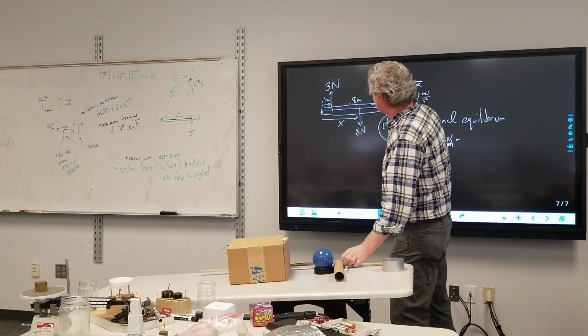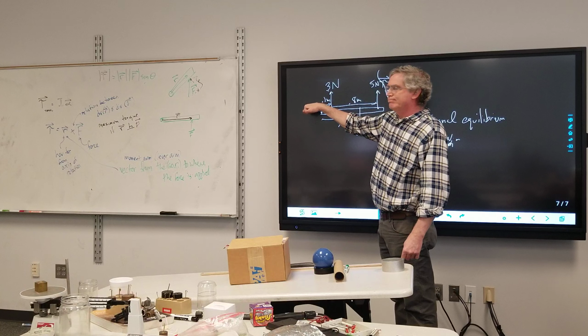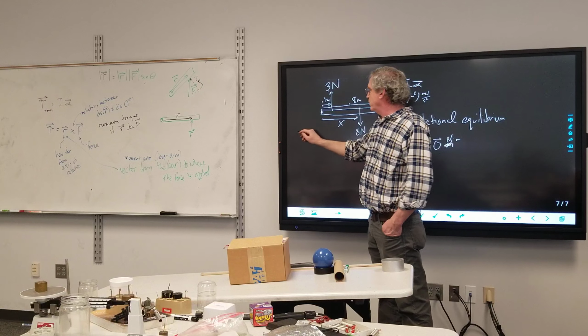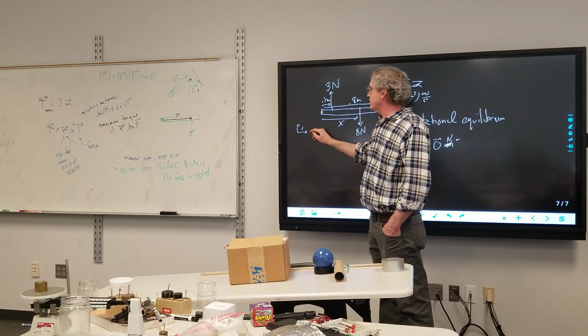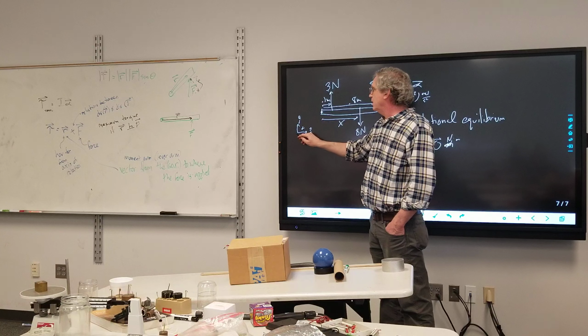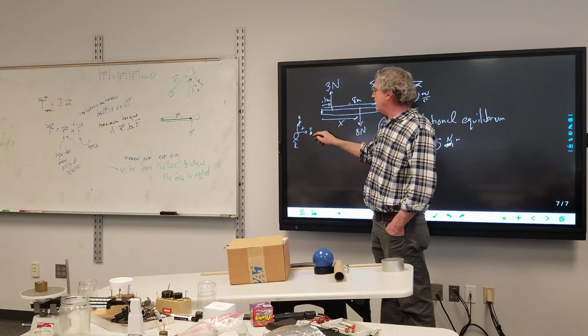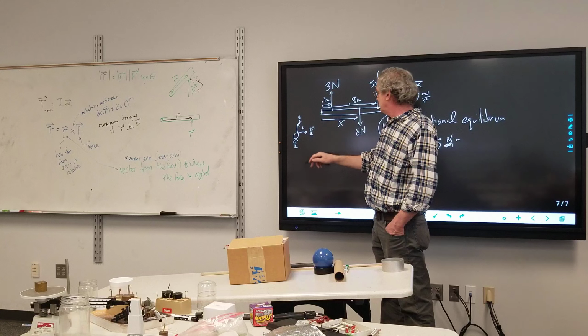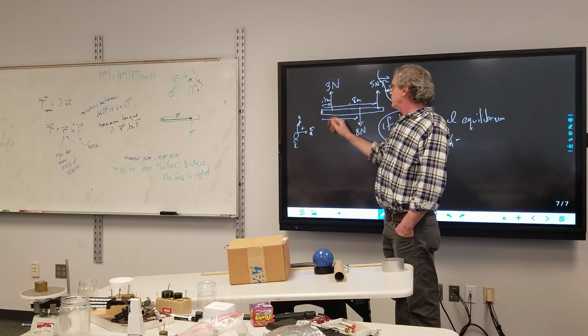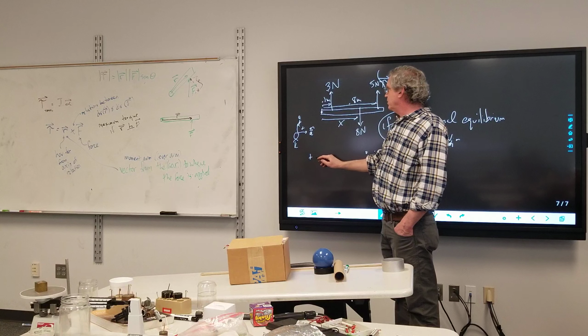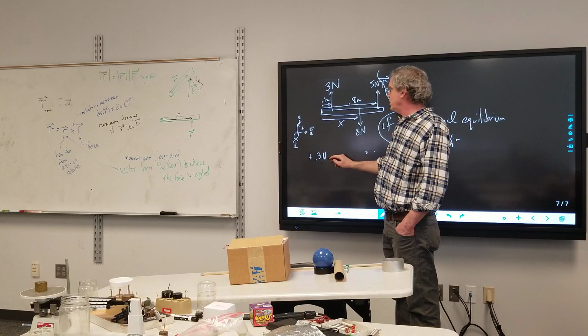Counterclockwise. Out of the board. So if I make those positive directions, I hat and J hat, K hat's coming out. That's positive. So I have positive 0.3 newton meters.